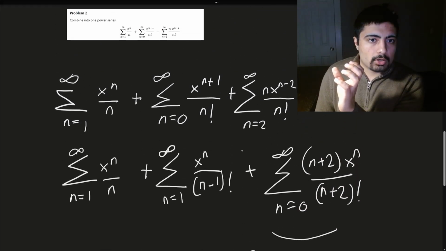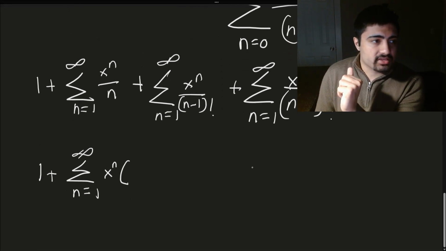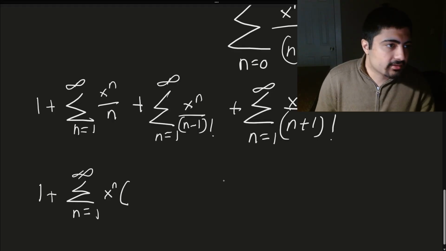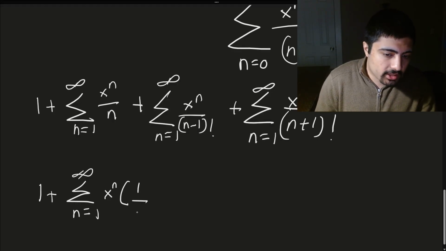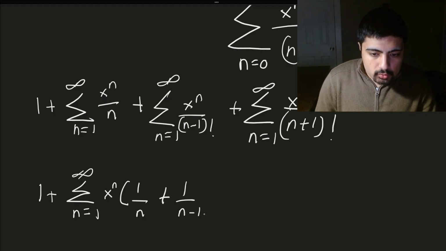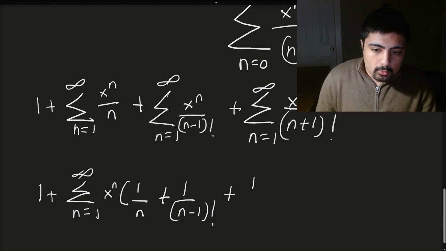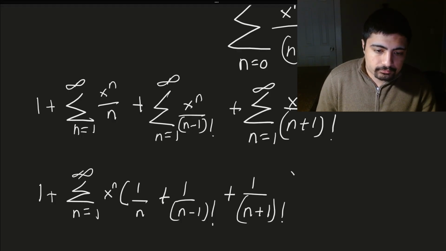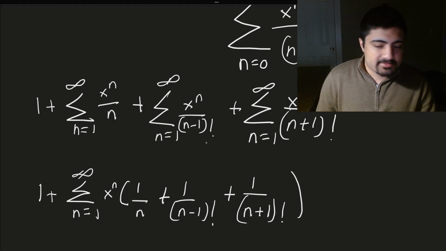So we're just going to add these together, acting like we're making a factorization. So we're going to have 1 over n plus 1 over n minus 1 factorial plus 1 over n plus 1 factorial. Okay, and at this point we can just leave it like this.